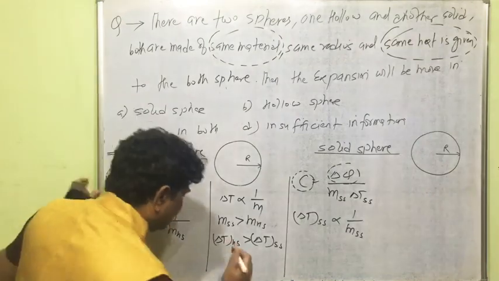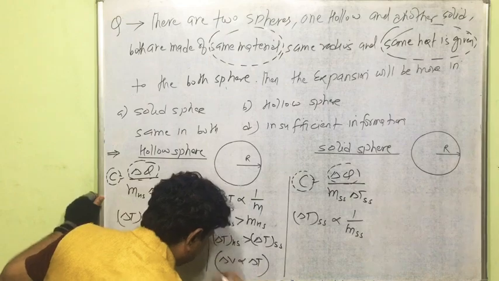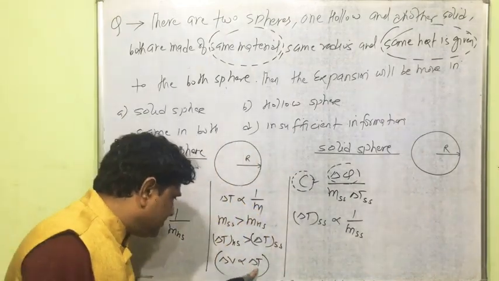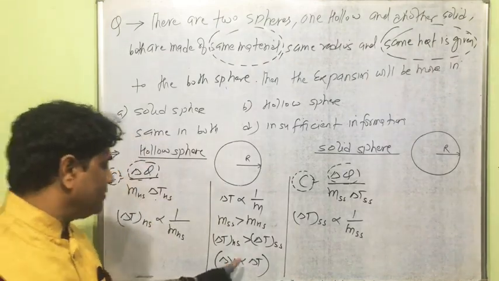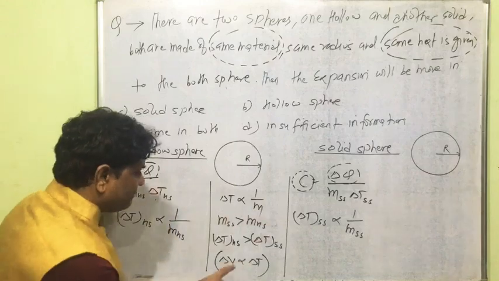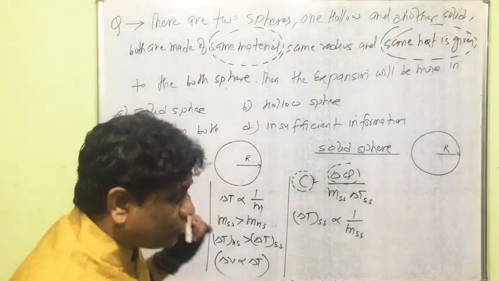Now everybody in the class knows that delta V is directly proportional to delta T. More change in temperature means more change in volume; less change in temperature means less change in volume. The change in temperature is more for the hollow sphere, so the change in volume will be more for the hollow sphere.